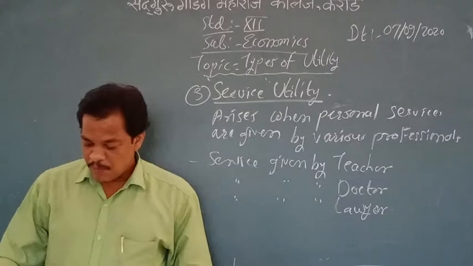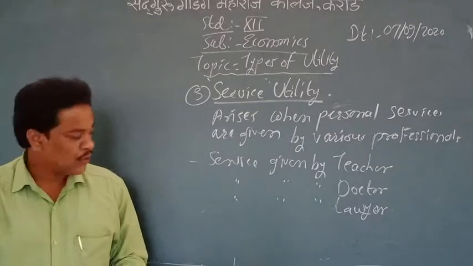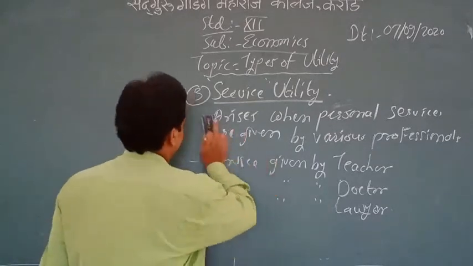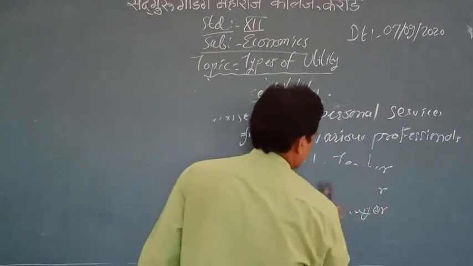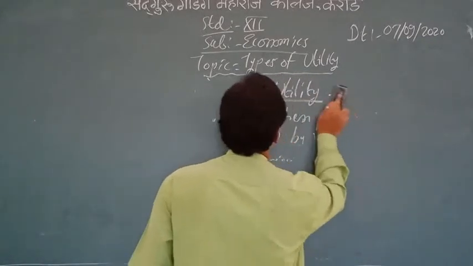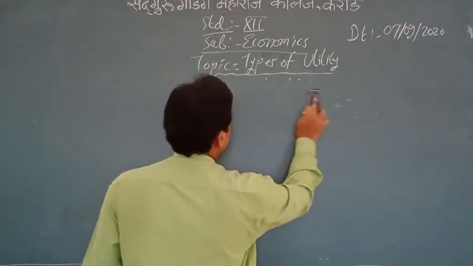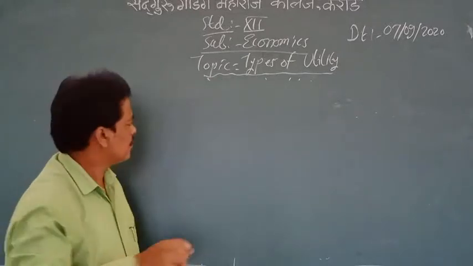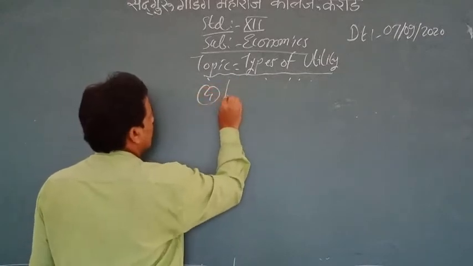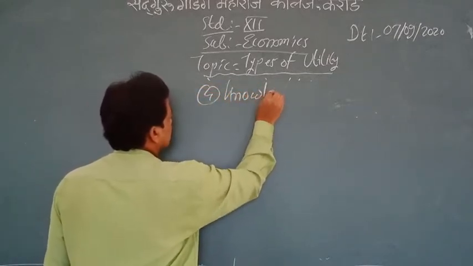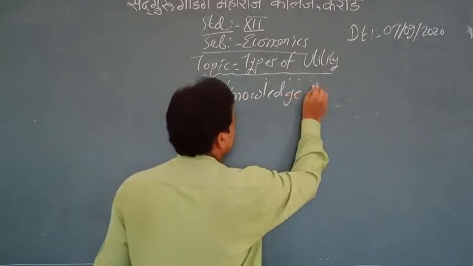Okay. Now point number 4, that is about the knowledge utility. What do you mean by knowledge utility? Point number 4, knowledge utility.